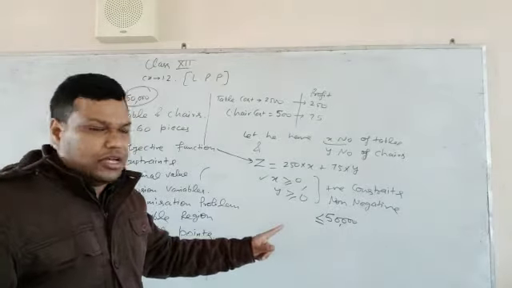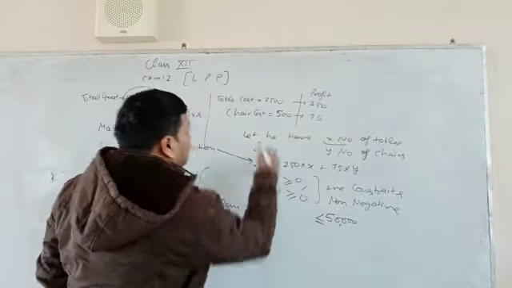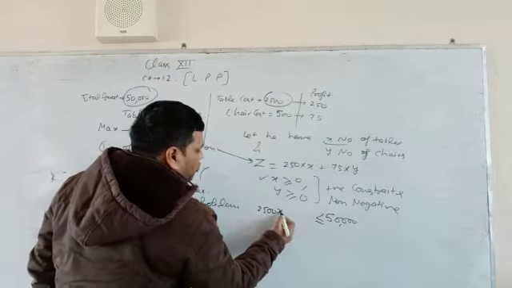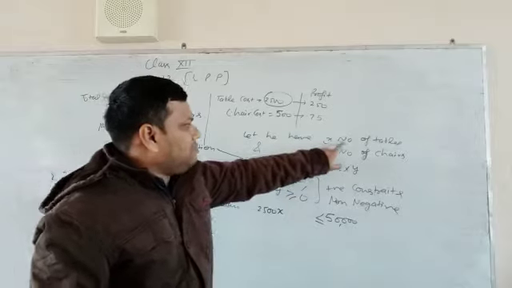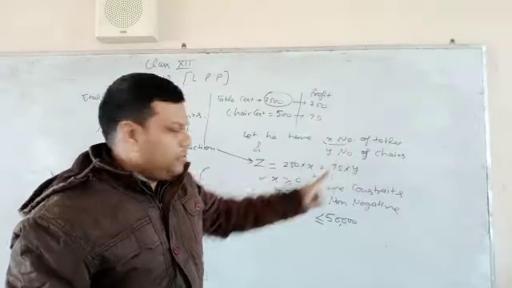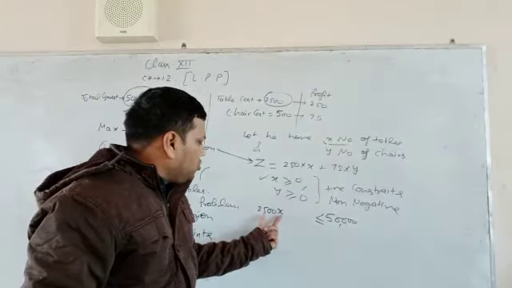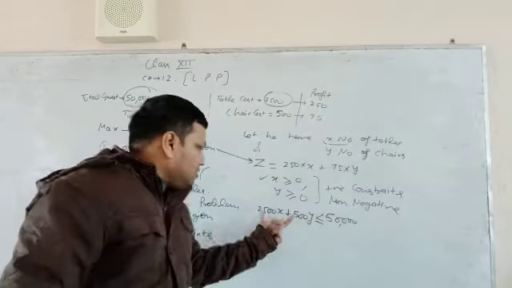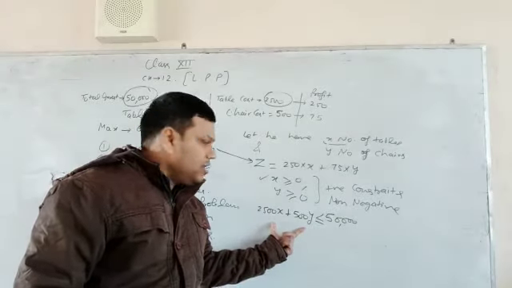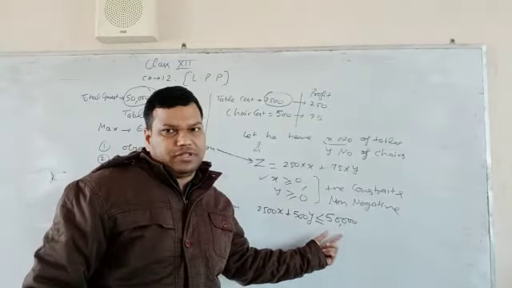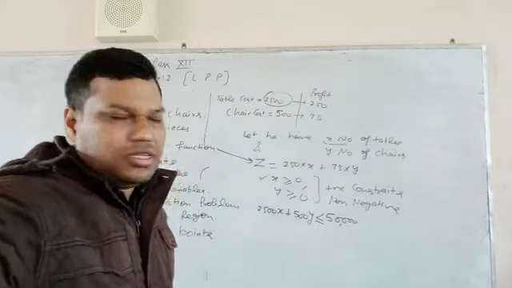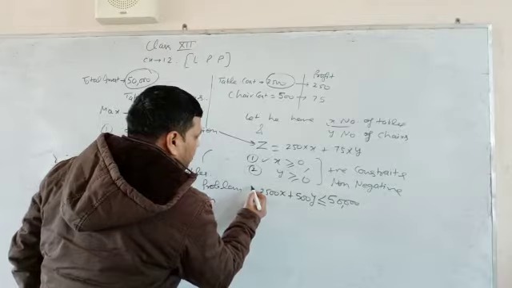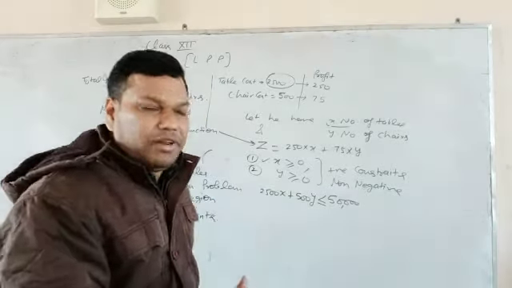If the cost of table is 2,500 into x, because he is buying x number of tables, so 2,500 into x plus 500 into y, the money he invests, should be less than or equal to 50,000, right? So this was one of the other linear inequalities, right?